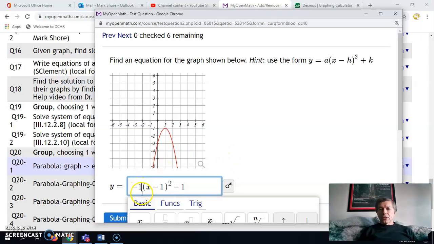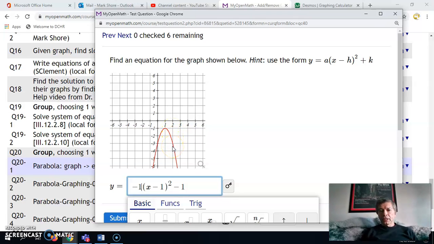To know what this number is, I only know it's negative. I don't know if it's -1, -2, -3, -0.5, whatever. So what I have to do is look at the next point after the vertex point to see how far to the right and how far down it is.